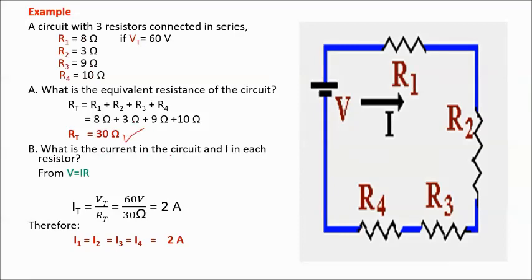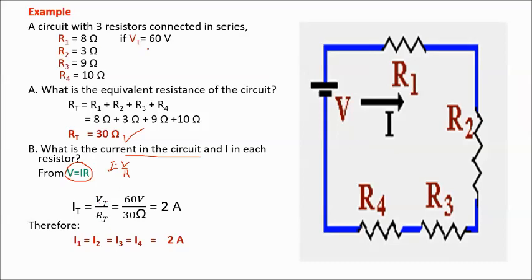Next, what is the current in the circuit? Use V total to find the current in the circuit. Recall the formula of Ohm's law, don't forget it from the previous lesson: V is equal to IR. So to find I, simply I is equal to V over R. Since we need I total, we need the values of V total and R total.